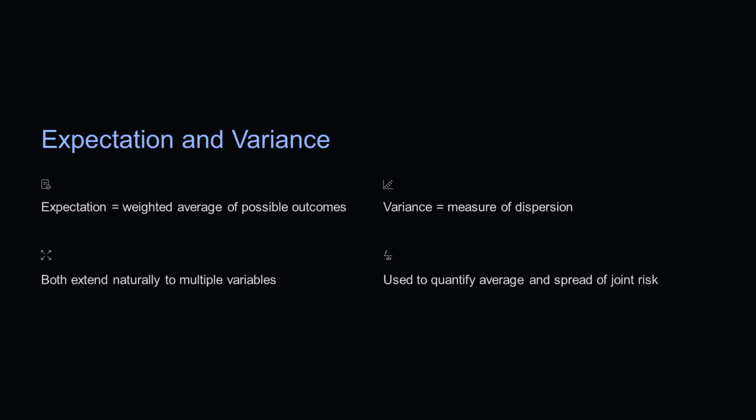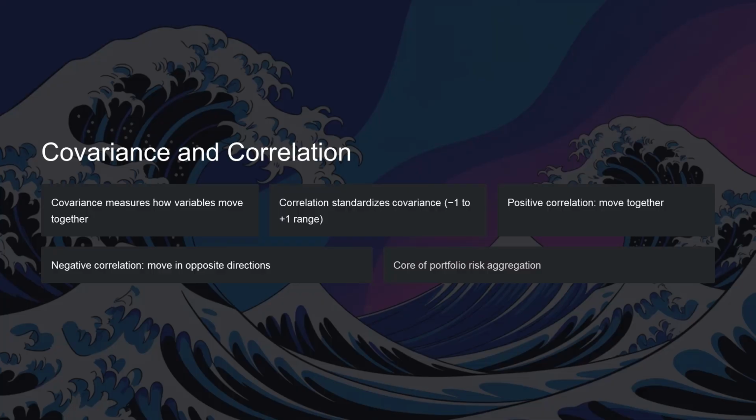When we extend this to multiple random variables, we need one more concept: covariance. Covariance measures how two variables move together. If the covariance is positive, they tend to move in the same direction. If it's negative, they move in opposite directions. But covariance depends on the scale of the variables, so we often use correlation instead.